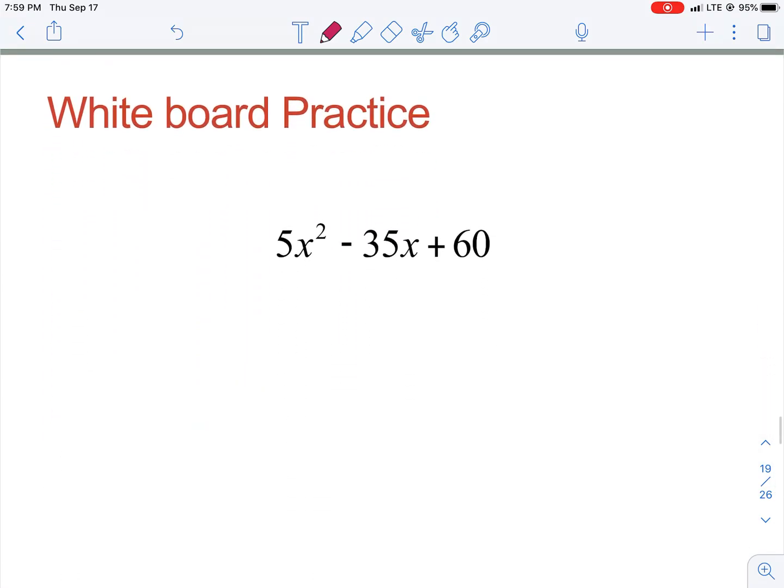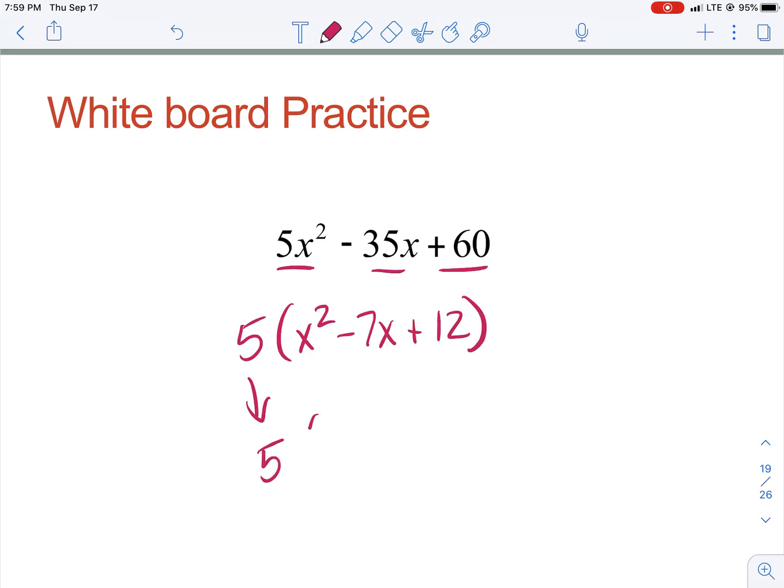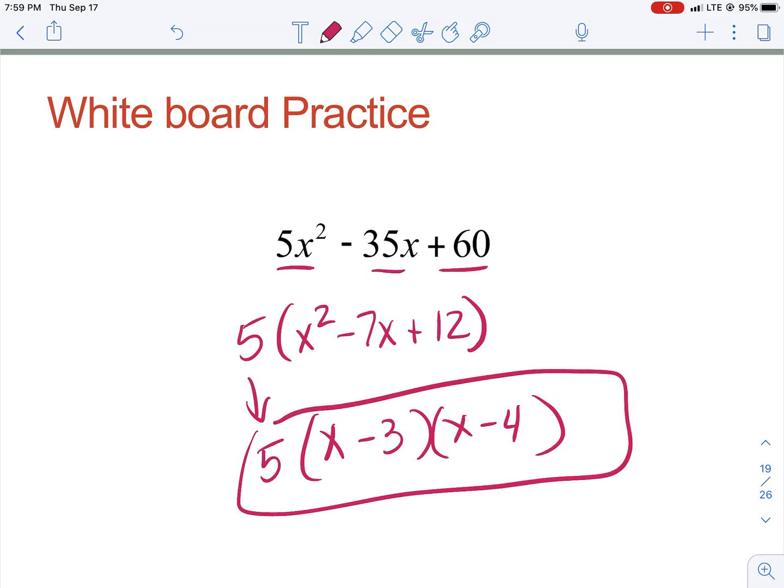Okay, try this one. I would start by taking out a 5, so that's x squared minus 7x plus 12. Now, this is really easy because factors of 12 that add up to a negative 7 are a negative 3 and a negative 4. And if you do that, it makes it fairly easy.